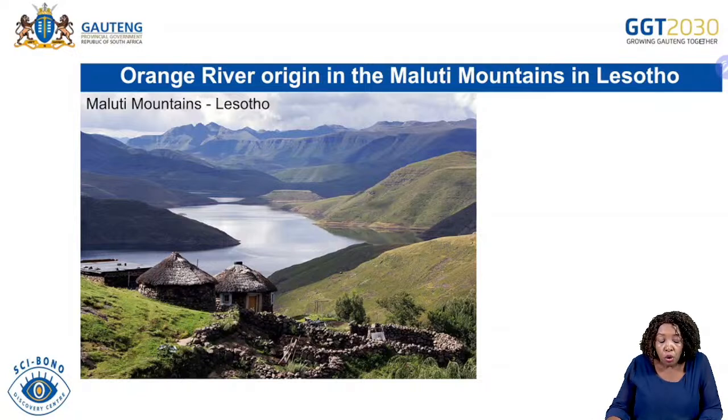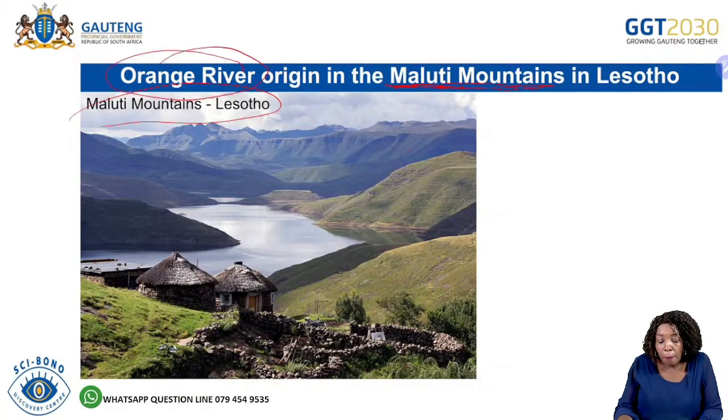Okay, so we've got the illustration of the Orange River, which originates in the Maluti Mountains. From the concepts that we have discussed earlier, the whole area that is draining from which mountain? From the Maluti Mountains, it forms part of the Orange River drainage basin.